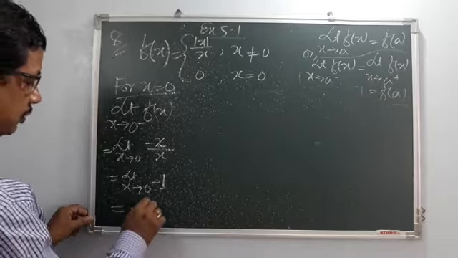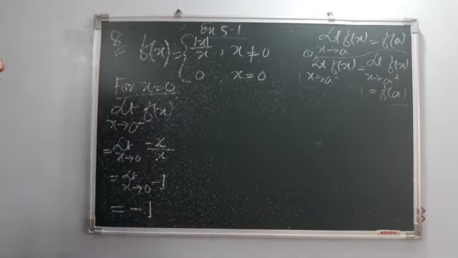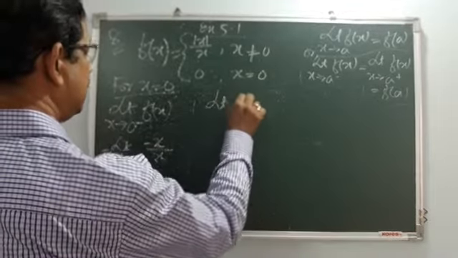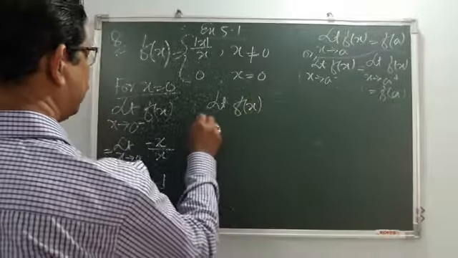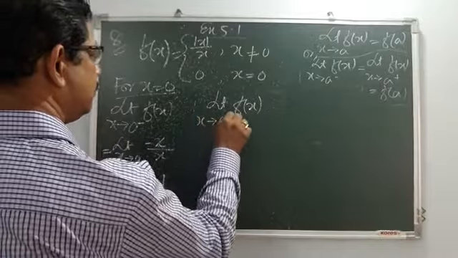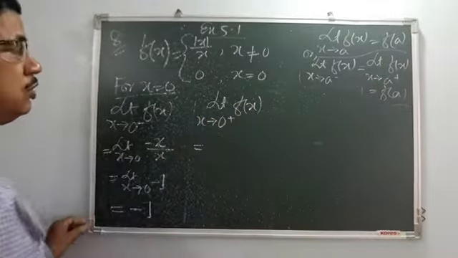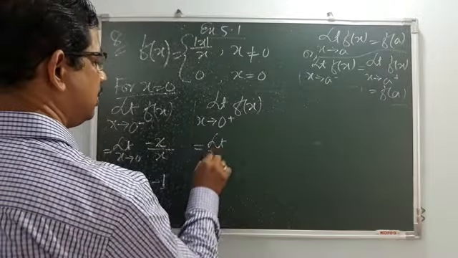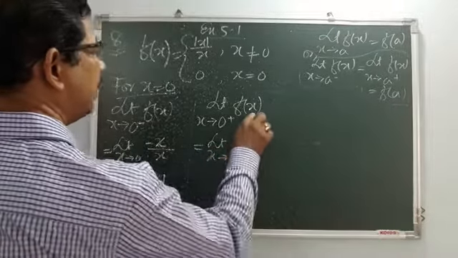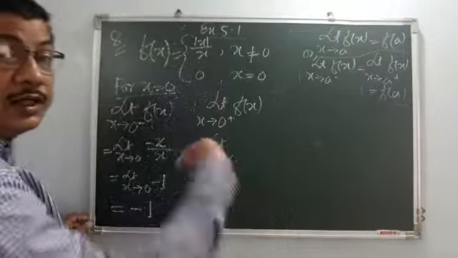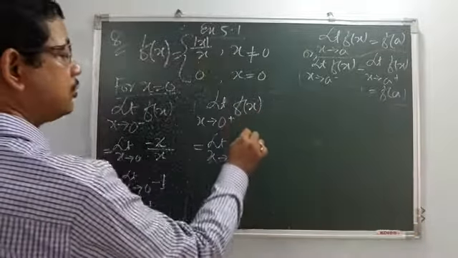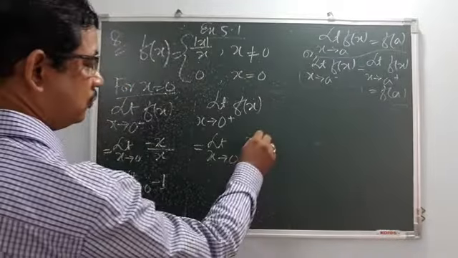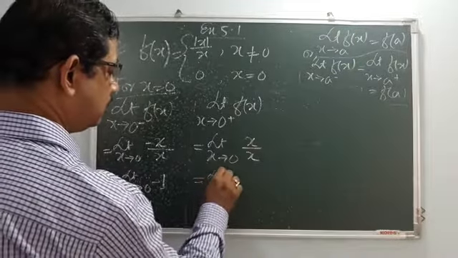If we withdraw the limit, then only minus 1 is left. Now we will consider RHL, limit f(x) as x tends to 0 plus. 0 plus means little greater than 0. Here f(x), when x is little greater than 0, modulus x will turn into x. So then we cancel, it is only 1.